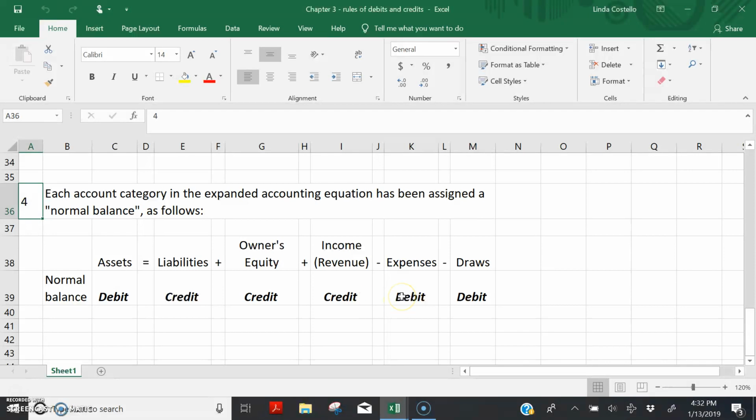Expenses have all been assigned a debit balance. So rent expense, wages expense, insurance expense, for example, all have normal debit balances. And the owner's drawing account has a normal debit balance.